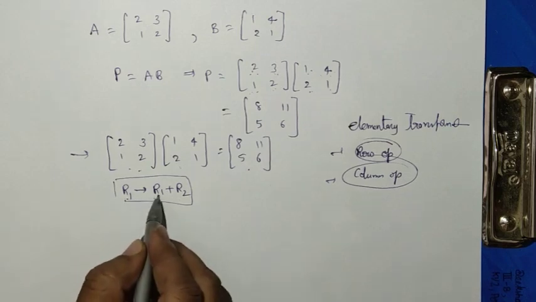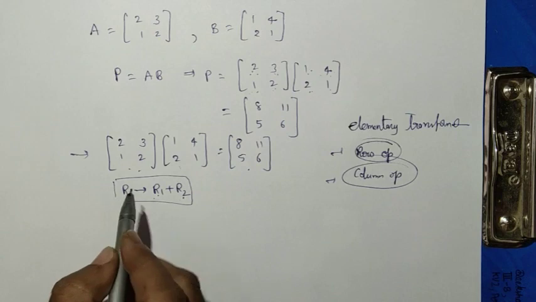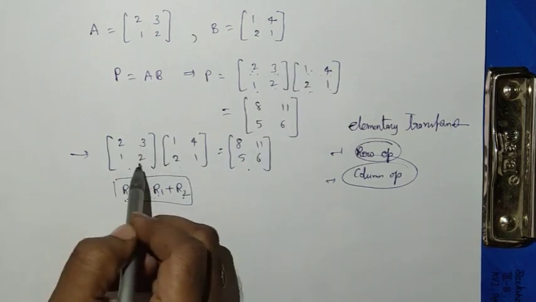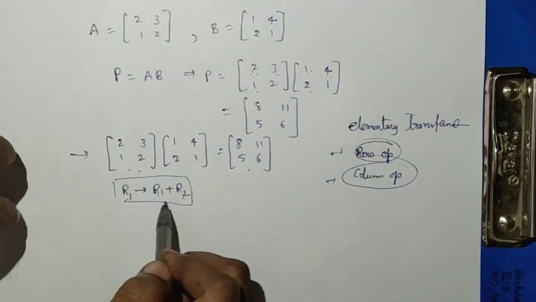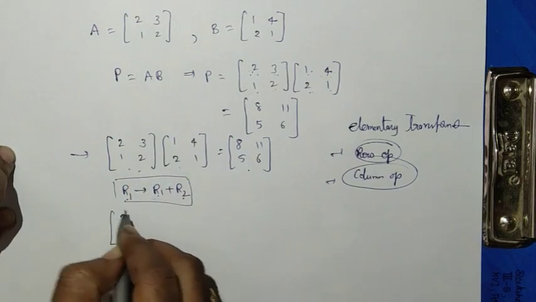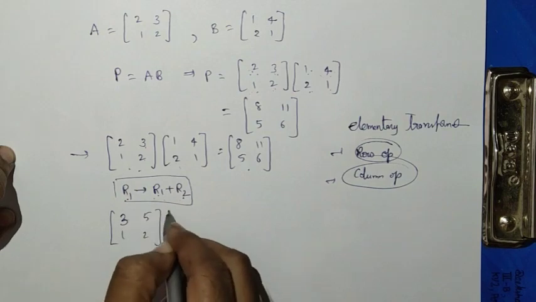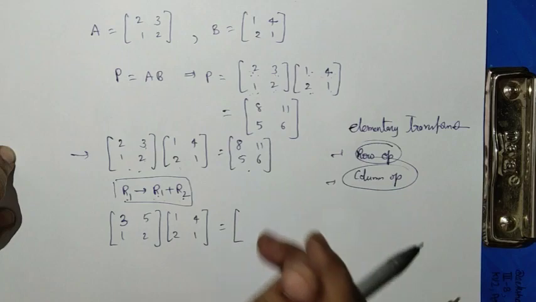Row 1 equals row 1 plus row 2 means, when you are multiplying rows with columns, the first matrix's rows and the second matrix's columns are multiplied. So this row operation will be applied to the left side, only to the first matrix: 2 plus 1 is 3, 3 plus 2 is 5, and the second matrix has no change. Now the product matrix will be affected.